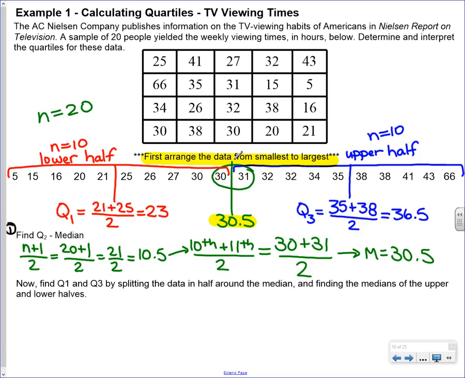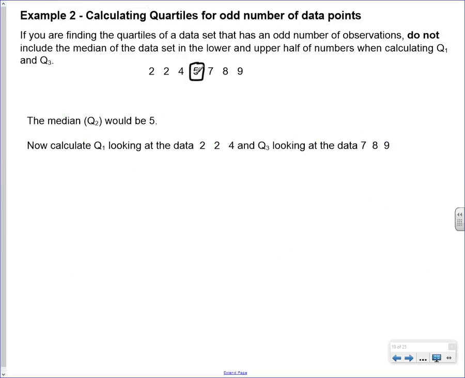Because here, when we calculated the median, it was in between these two numbers, so it was easy to see that it separated the lower half from the upper half. It just cut it right down the middle. This one though, do we let 5 be with the lower half or the upper half? Do we get rid of it? Do we put it in both the lower and the upper half? How do we deal with that?